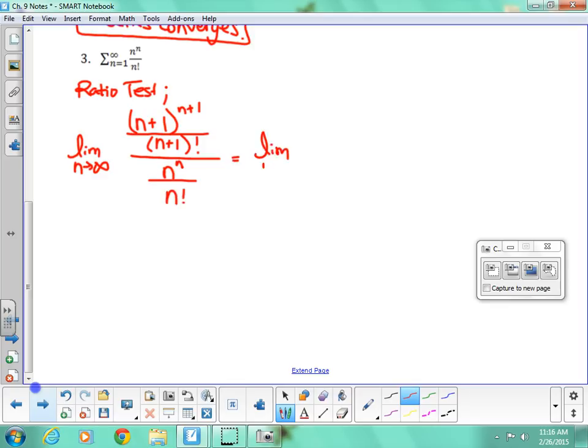The question is, if you make the n plus one, so the power also becomes n plus one. Mm-hmm. Because it's like function notation. So it's n plus 1, n plus 1, n plus 1.